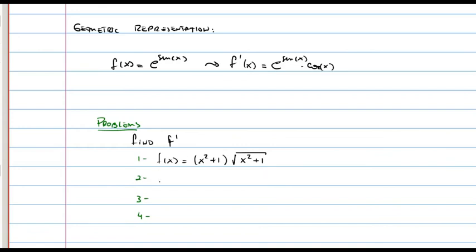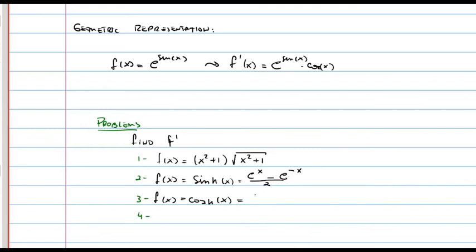The second one is f of x equal to the hyperbolic sine of x. This function is defined as e to the x minus e to the minus x, divided by 2. So calculate this derivative. The third one is the hyperbolic cosine of x, and it's defined in a very similar manner.